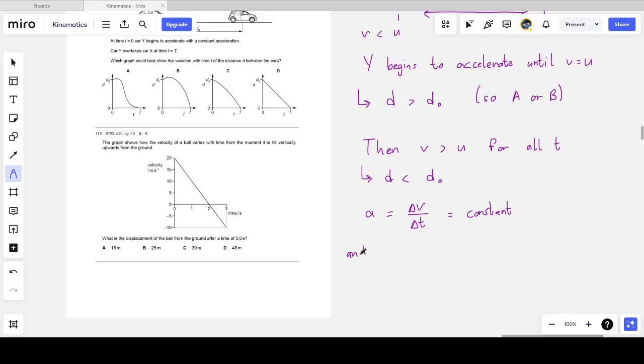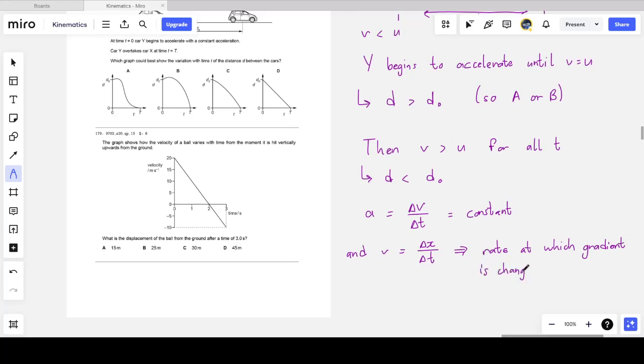And also we know that v is delta x by delta t, which means the rate at which the gradient of the graph of v versus t is changing must be constant. The rate at which the displacement is changing must be constant.